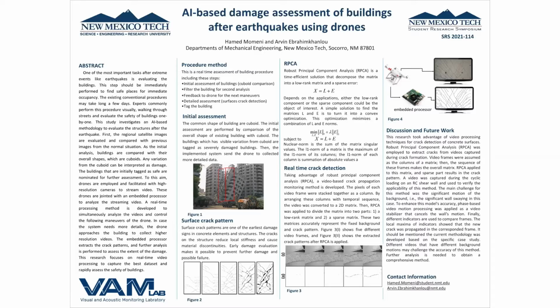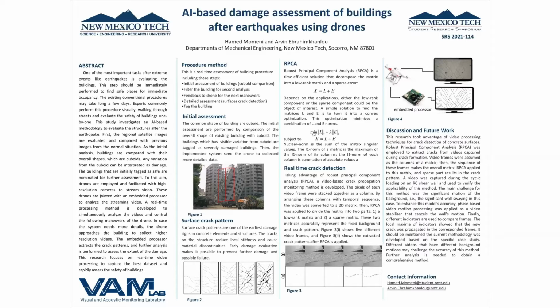Another step we should add here is comparing the situation of buildings after the earthquake with the previous situation. We have satellite images as a simple source, and we have access to Google Street View. They show the overall shape of the building.